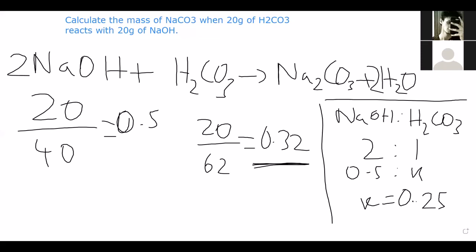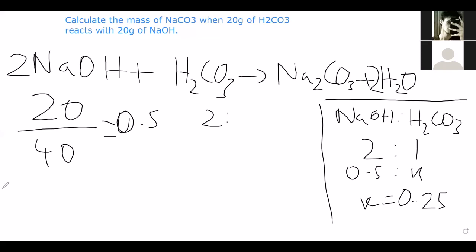So now we'll be using the moles of sodium hydroxide to find the mass of sodium carbonate. The ratio of sodium hydroxide to sodium carbonate is 2:1. Now we have 0.5 moles of NaOH.